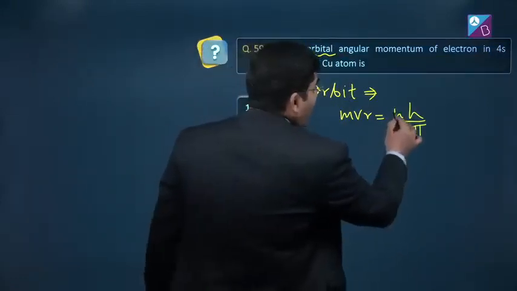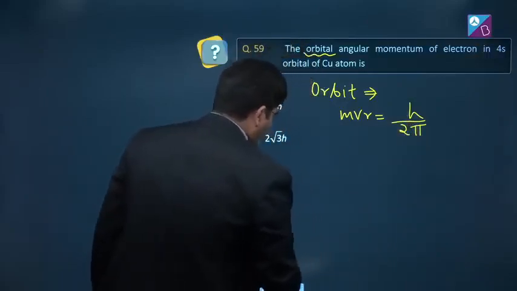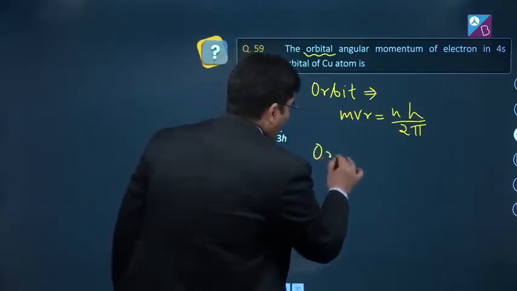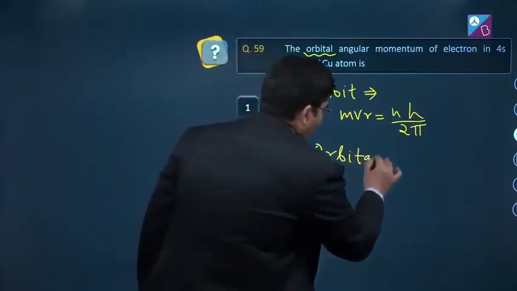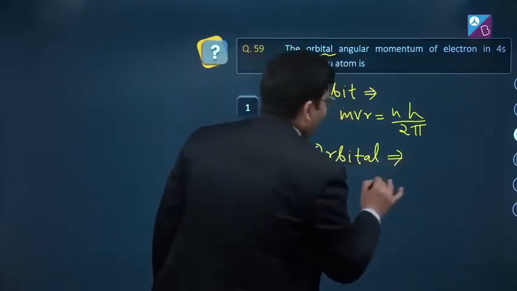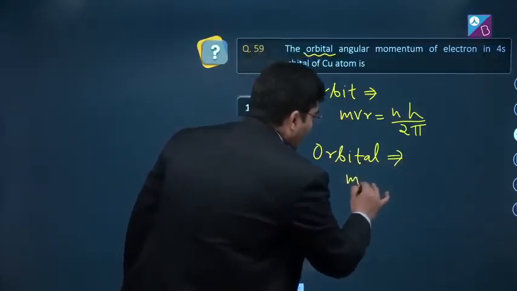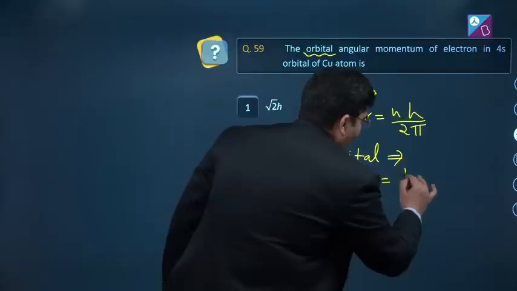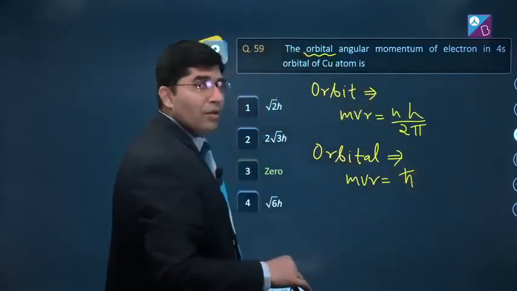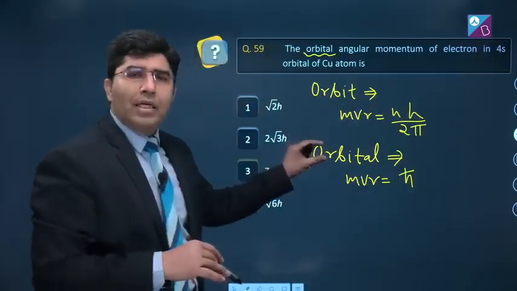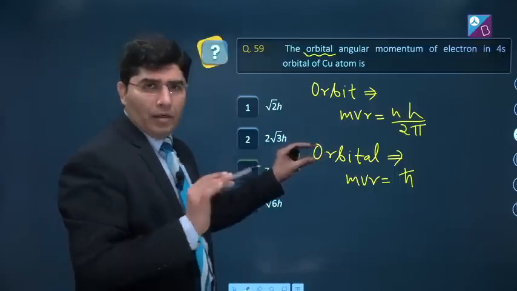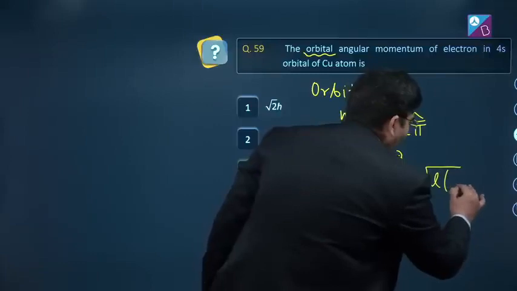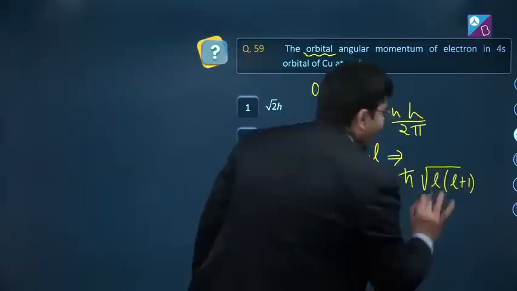The orbital angular momentum is a little bit different, entirely different. If we talk about orbital angular momentum, we are finding the momentum of the orbital, that is equal to h bar, which is h upon 2 pi, times the square root of L(L plus 1), where L is the azimuthal quantum number.